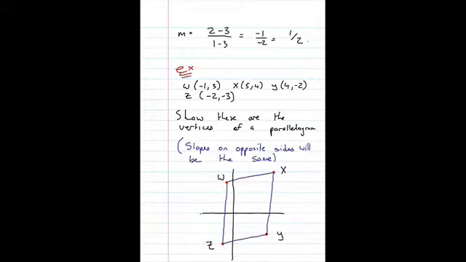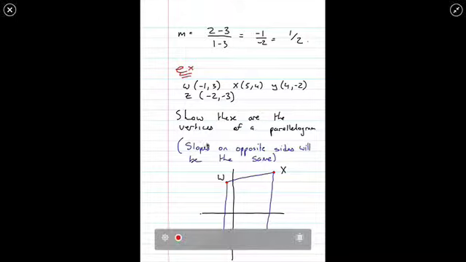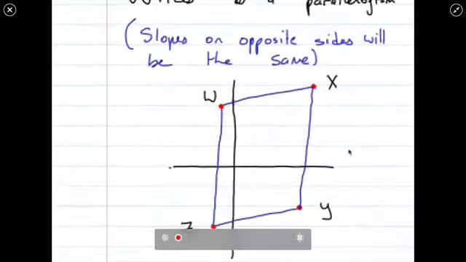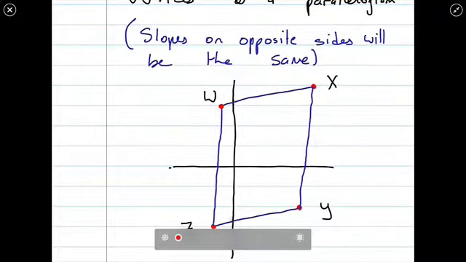Okay, question here. Show that these are the vertices of a parallelogram. Do you know anything about a parallelogram? Two sides the same, yeah. In a parallelogram, the slopes of these lines, see this line WX, the slope of that one and the slope of that one down there will be the same.